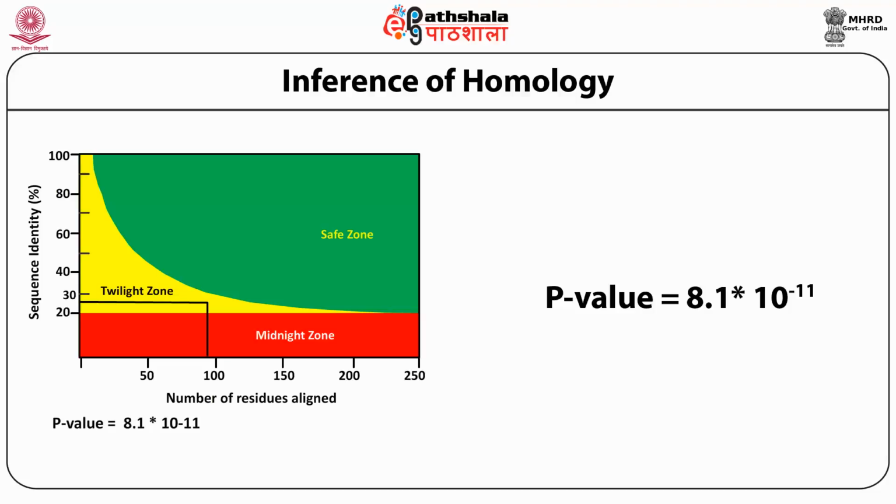This p-value falls within the range of 10 raised to the power minus 50 to 10 raised to the power minus 5. Therefore, these two sequences have clear homology from the p-value table. Consequently, statistically, it is safe to draw an inference that the two sequences are homologous.